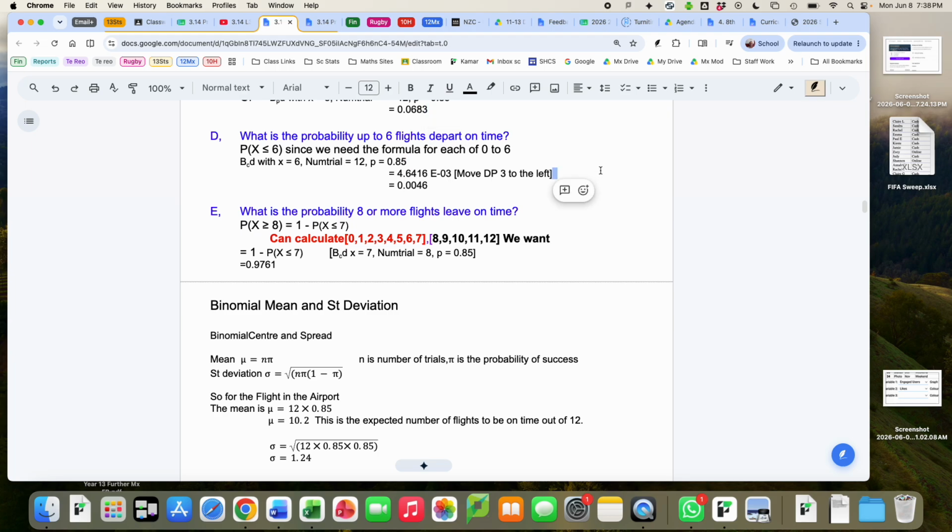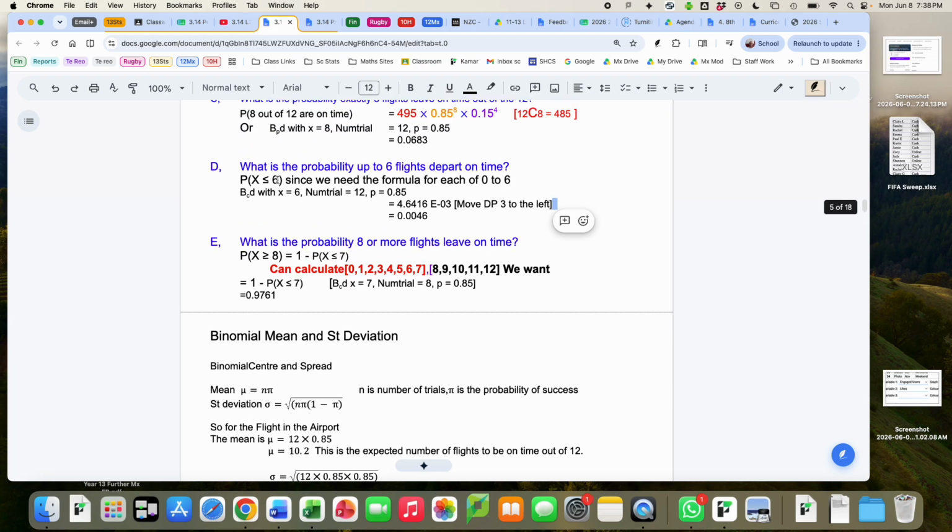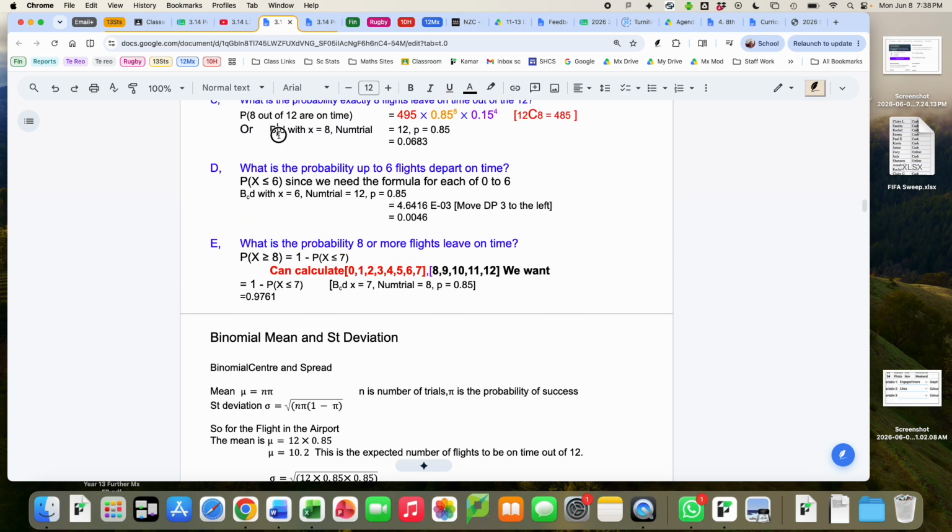What is the probability of up to 6 flights depart on time? Now, that means that's 0, 1, 2, 3, 4, 5, and 6. Now, you don't want to do this manually. That would be a real drag. When you go to binomial on the calculator, you've got PD. That little p stands for one particular value.